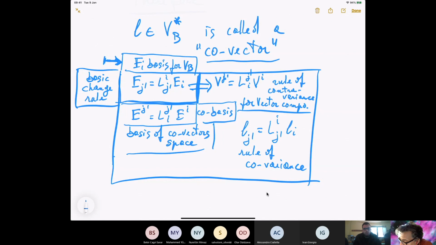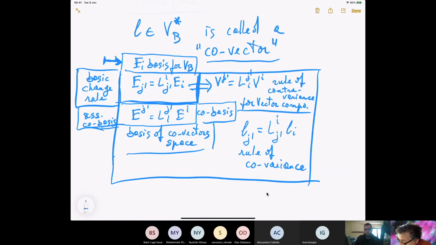Then you define the associated co-basis. And you understand that it is the associated co-basis. Why? Because the associated co-basis is taking a vector and associating to this vector the components of this vector in the original basis. So clearly the associated co-basis is linked to the starting basis.